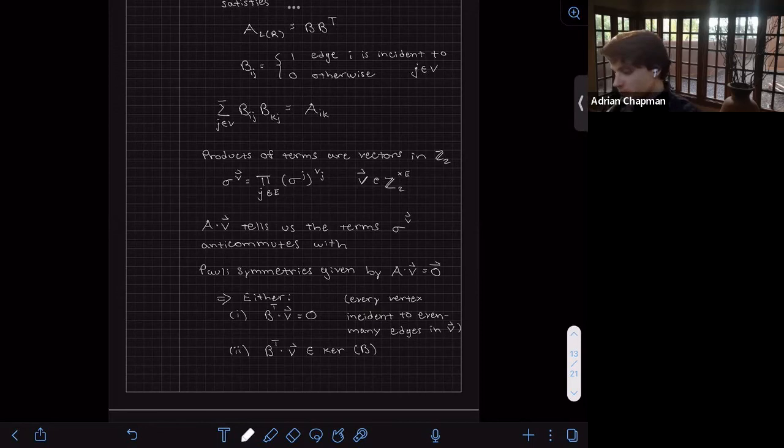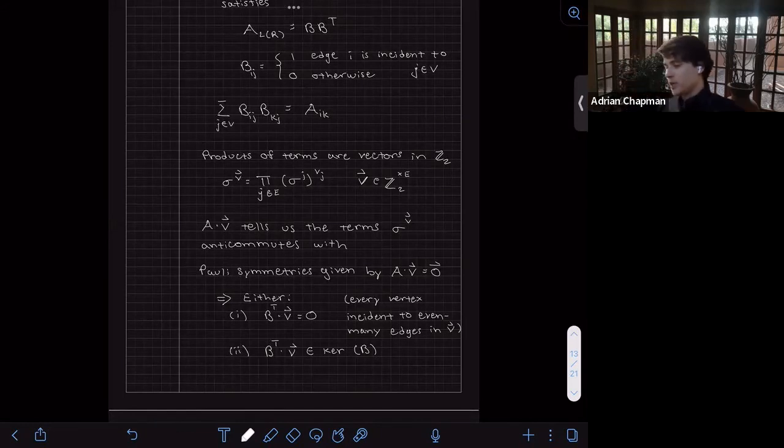And then what case 2 is saying is that, in the kernel of B, every row is the set of vertices belonging to a given edge.